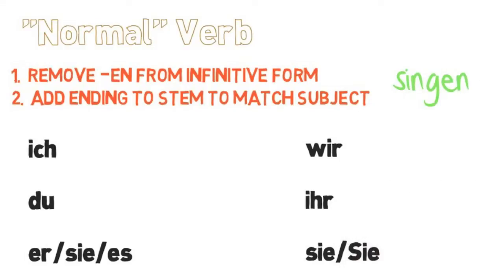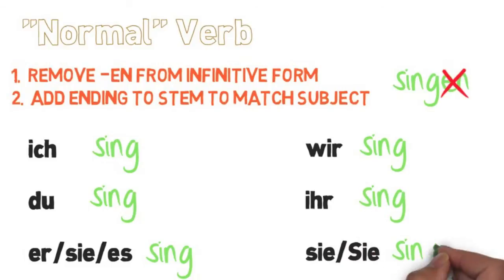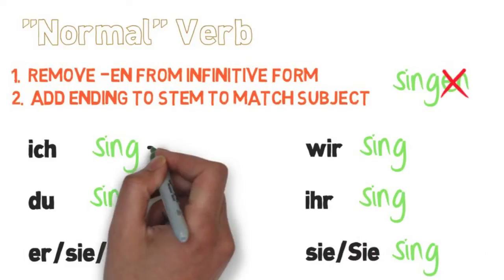For instance, if we took the verb singen, we'd remove the en from singen to reveal the stem sing. This stem will be used again and again, and we'll just be adding the correct conjugation endings to it in order to match the various subjects.